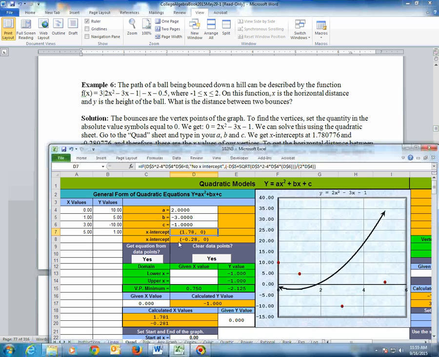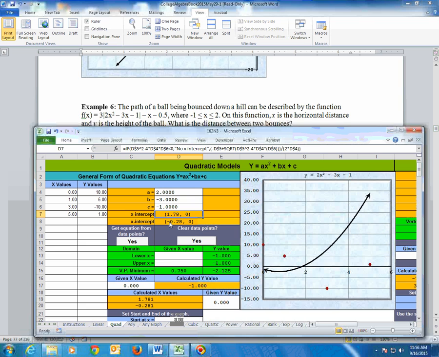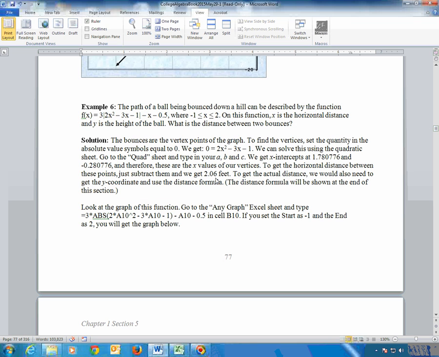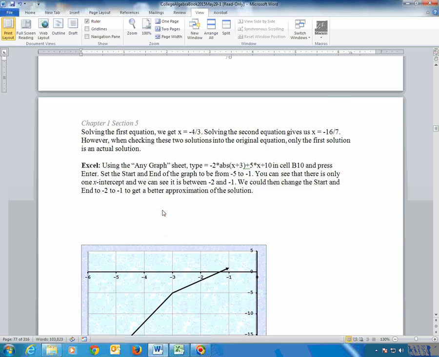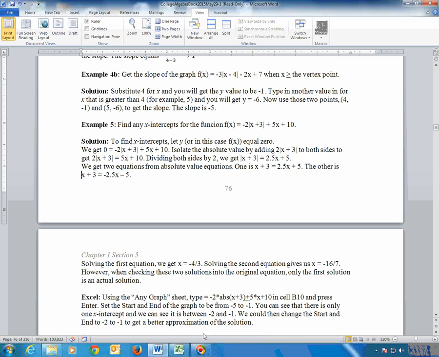And then getting the distance between these two points, we'll do that in a later section, but you could just subtract these x-intercepts right here, and that would tell you the distance. You get about 2.06. And that's actually what the distance is right here, 2.06. And chances are you won't see anything as bad as this example, but you definitely need to know how to do the problems up here in examples 1 through 5.